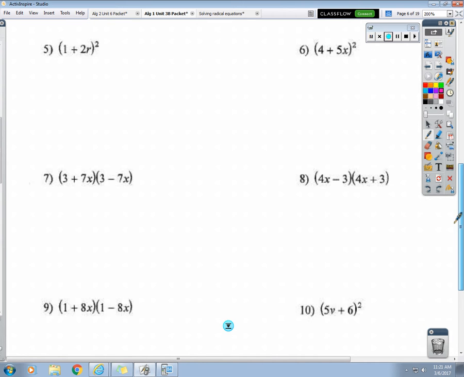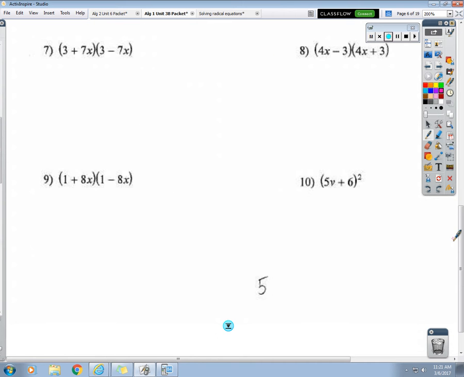Okay. Back when we did page 5, and we did number 7 and 9, we discovered something, okay? So let's go back over what we discovered. When we distributed these two binomials together, 3 times 3 made 9, 3 times negative 7x made a negative 21x, 7x times 3 made a positive 21x, and 7x times negative 7x is negative 49x squared.